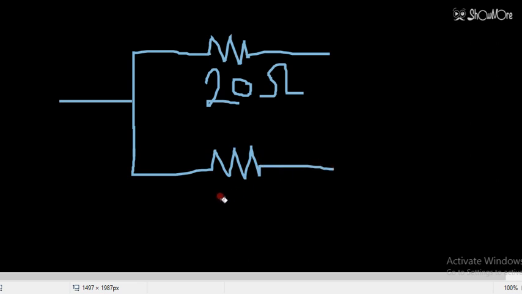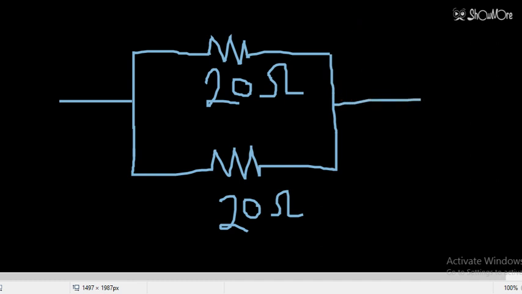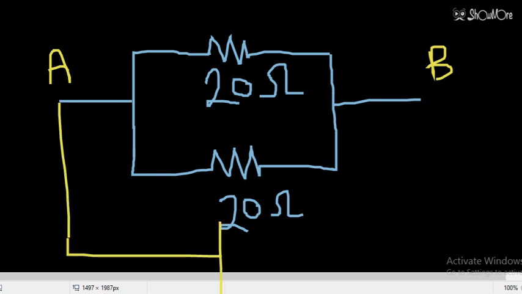By combining the below two, I also get 20 ohm because they are also 10 and 10 ohm. So 20 ohm in the upper branch, 20 ohm equivalent resistance in the lower branch. Now this will be the result. This is A, this is B. If I connect a battery here, this is positive, this is negative.